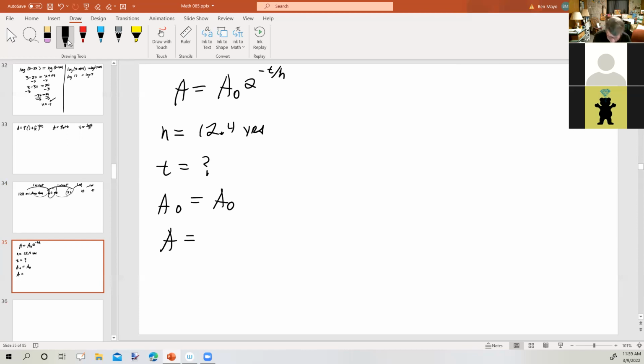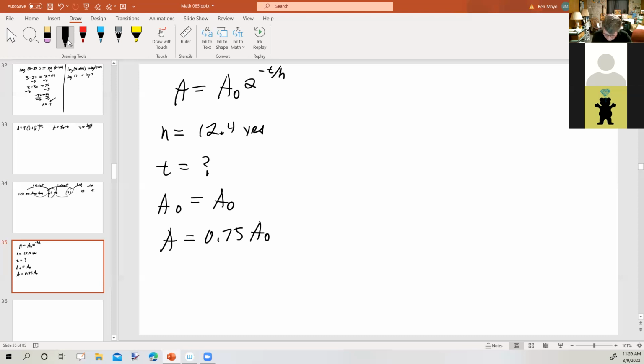75% of what? The beginning amount. So the beginning amount is A sub 0. The ending amount is 0.75 A sub 0. That is 75% of the beginning amount, because it says 25% decomposes. All right. So we really don't even know how much there is.